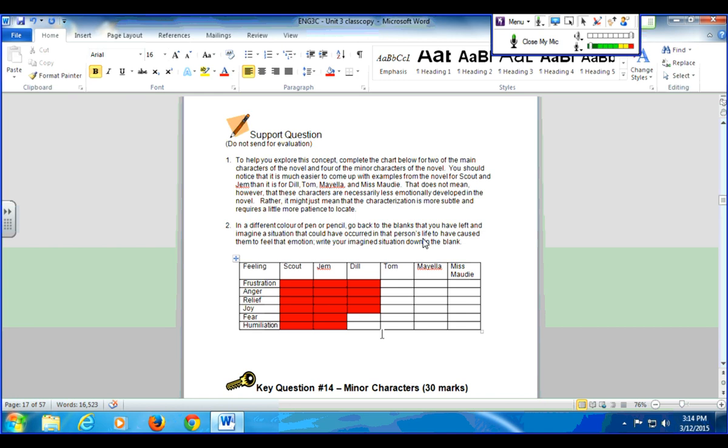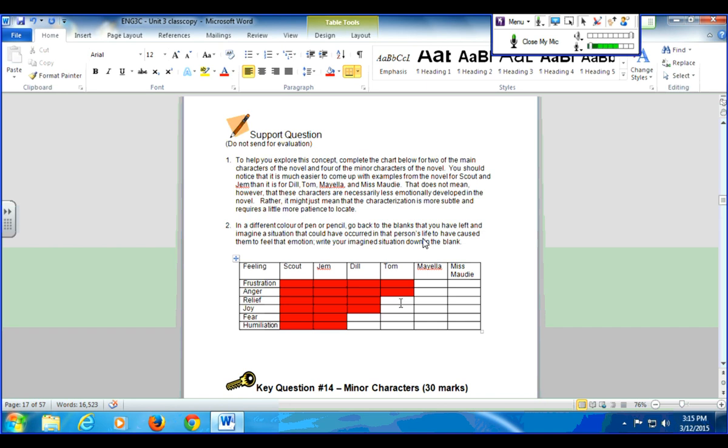Now for Tom and Mayella, this is going to be pretty challenging if you haven't read them yet, but we're going to work through it. These two right now, and then we'll get Miss Maudie as well. So for Tom, as you read through, you'll see how he expresses anger and frustration about what's happening to him, how he's been accused of a crime that he doesn't believe he committed.